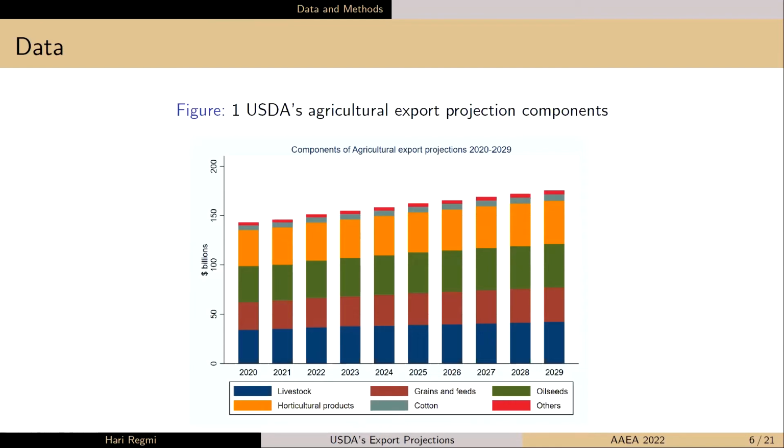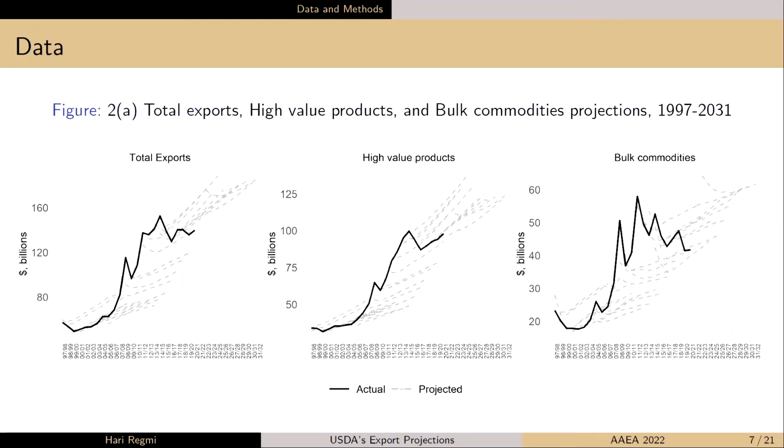These figures show the components of the export projection starting from 2020 to 2029. And like I said earlier, I'm focusing on the three major categories: the total exports, high value product exports, and bulk commodity export projections. This plot represents the actual or realized value and the projected value.